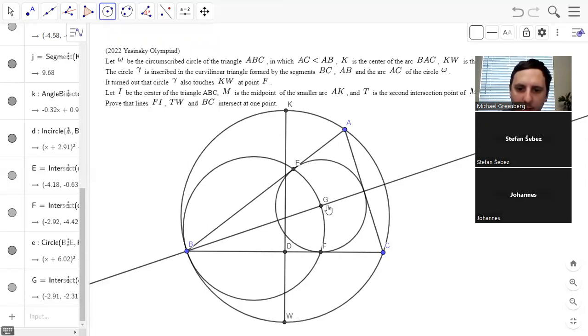Basically, we've got to drop perpendiculars. So is this the center? Actually, let me think about this. Why did I draw this?